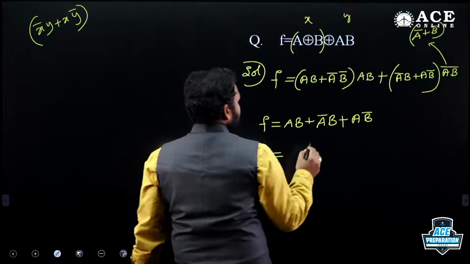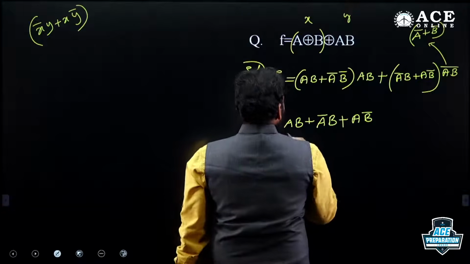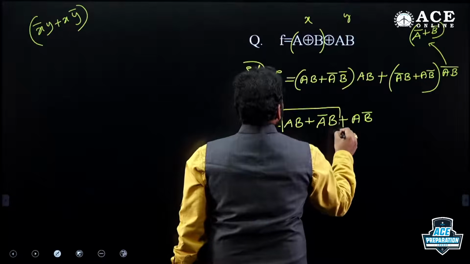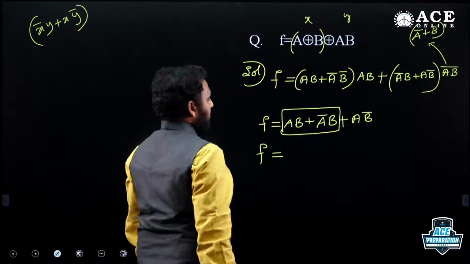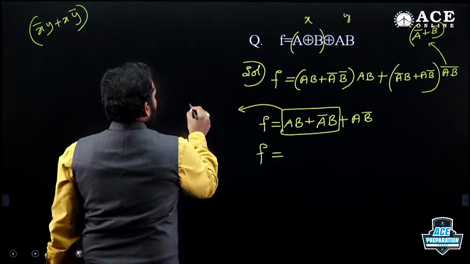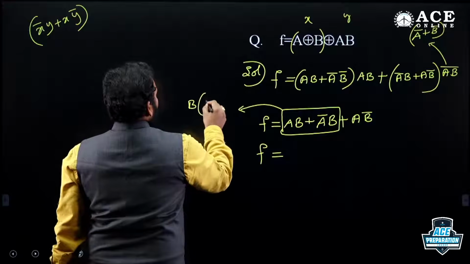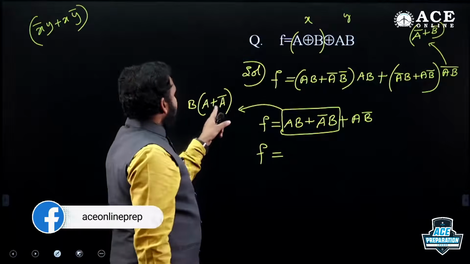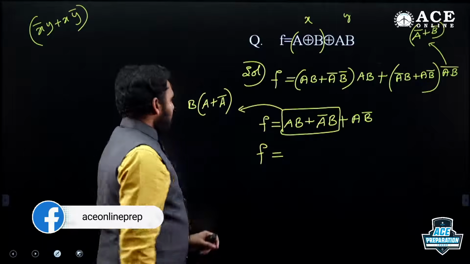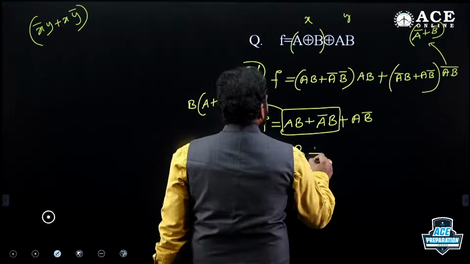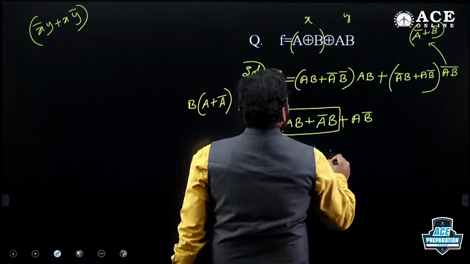F is equal to... what is the common term here? B is a common term. B into, do you remember this? A plus A bar is equal to 1. Simply, I can write it as B plus A B bar.